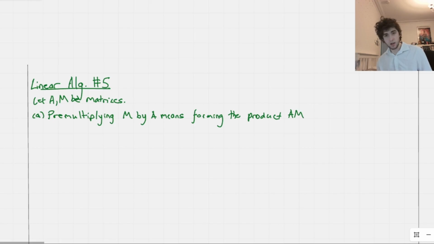The pre there represents the fact that I'm placing the A before the M. This is the matrix product AM, which is not the same in the most general case as the matrix product MA. It is sometimes the same, and we'll actually see what it means when it is the same a little bit later today. For now, pre-multiplying matrix M by another matrix A just means forming the matrix product AM.